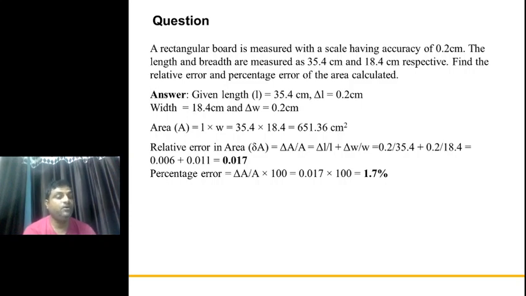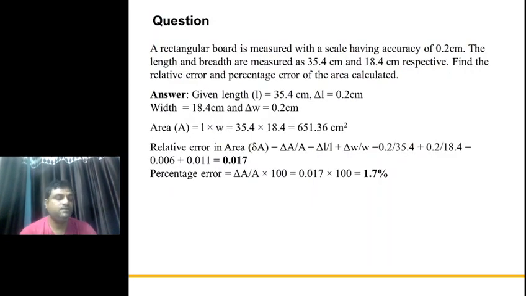But if you solve it this way, you get the same answer. The relative errors are actually added, not multiplied. Once you get this trick, you are able to solve this question.